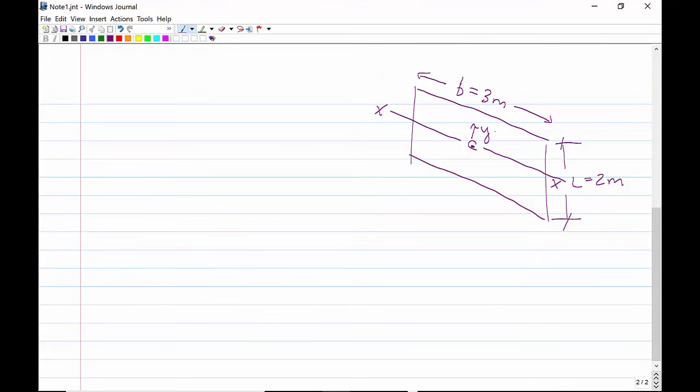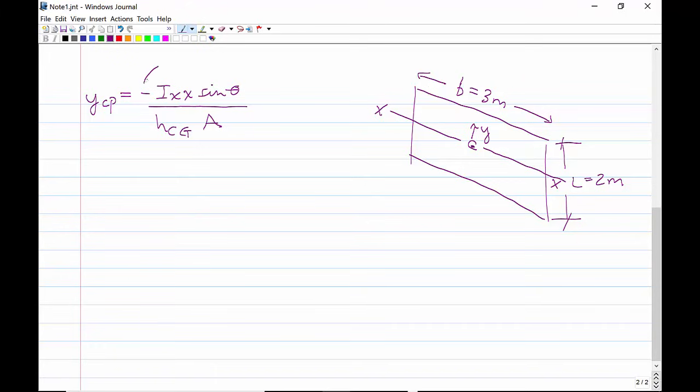Okay, so what we're after is the location of the line of action relative to the centroid. And we showed in the previous derivations that the YCP, the Y location of the center of pressure relative to the centroid, is minus IXX sine theta over H of the center of gravity times the area of the gate.